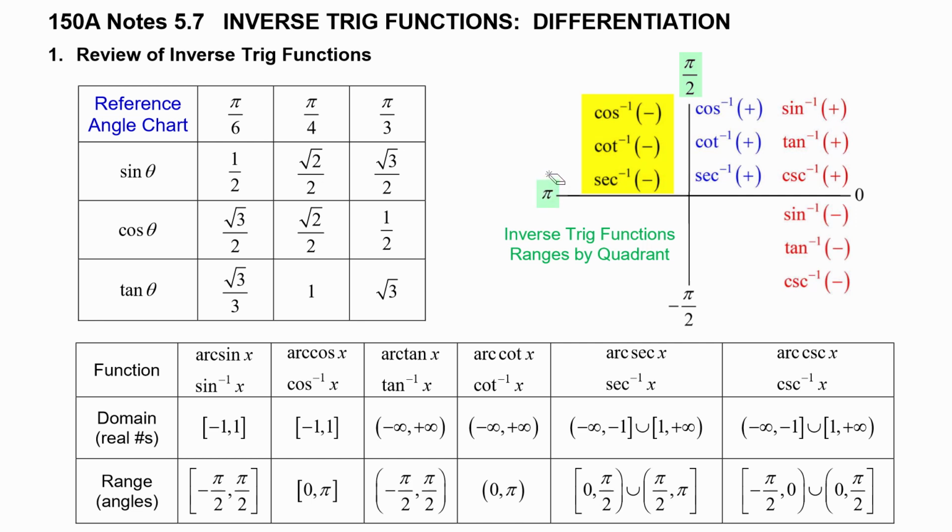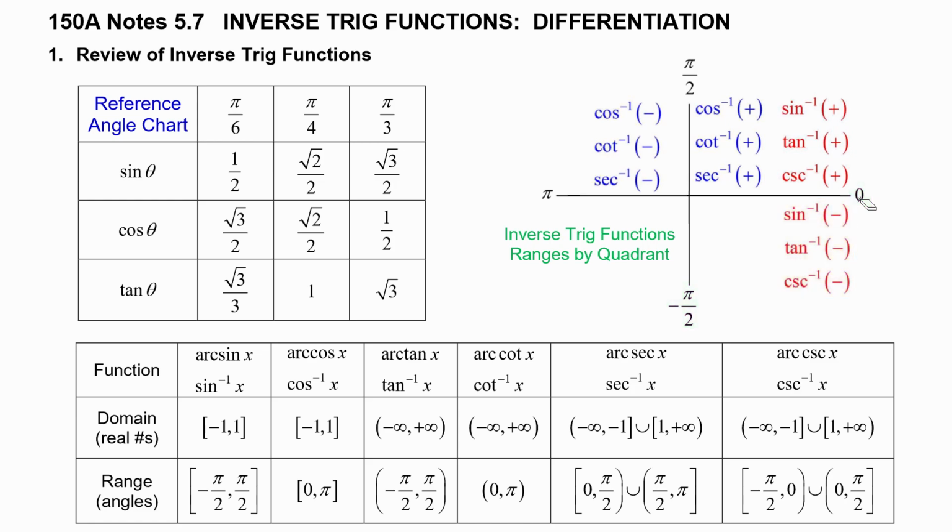Whereas if you take the sine inverse of a negative, the tangent inverse of a negative value or the cosecant inverse of a negative value, then you will output an angle in quadrant 4 between negative pi over 2 and 0.